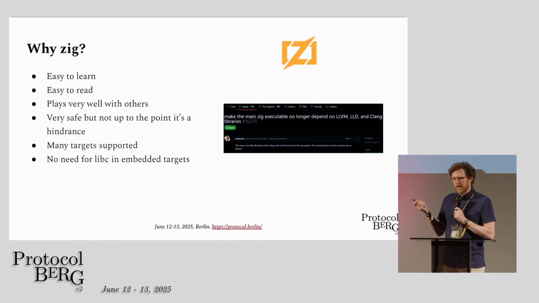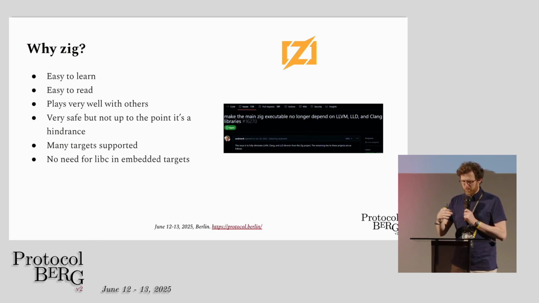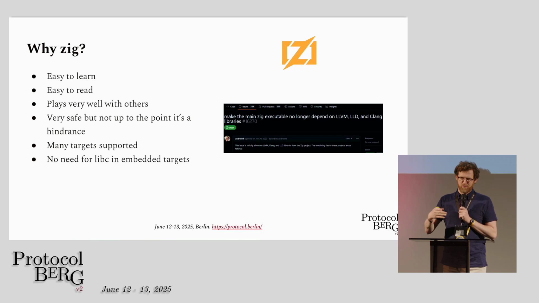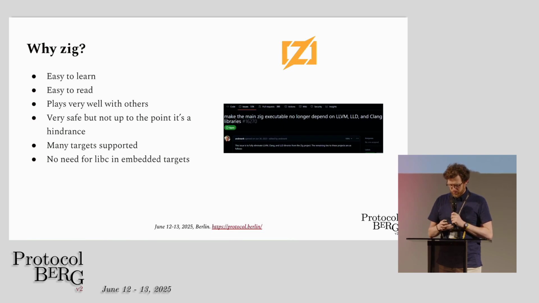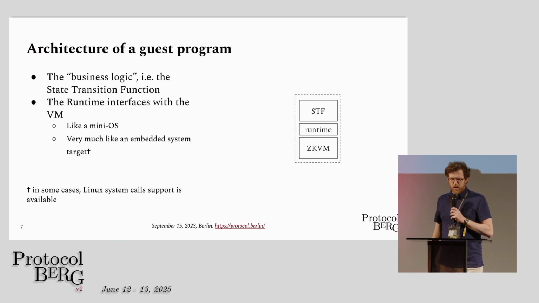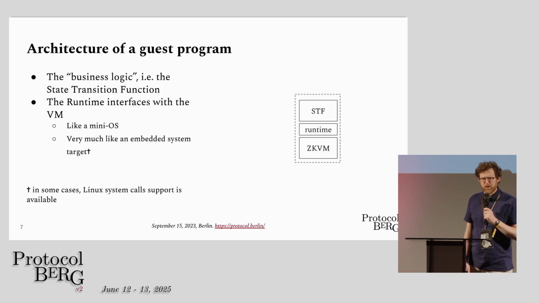I doubt that rewriting your own backend from scratch will not yield the same kind of problems, but at least you have a way to work around some bugs. And the last thing that is very nice, which is also a feature of Rust, is that everything is self-contained, so you don't need an external libc, which saves a lot of headaches when you're cross-compiling to a different architecture. All right, let's get to the architecture of the guest program per se.